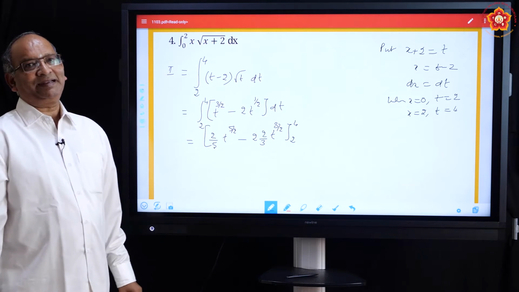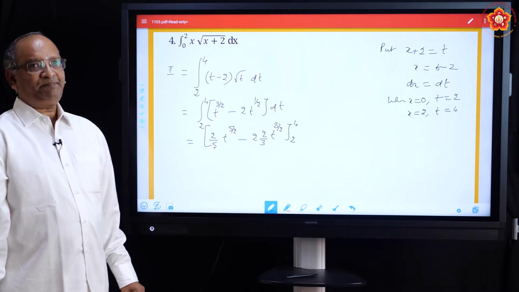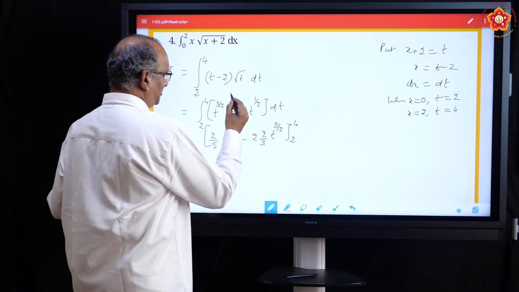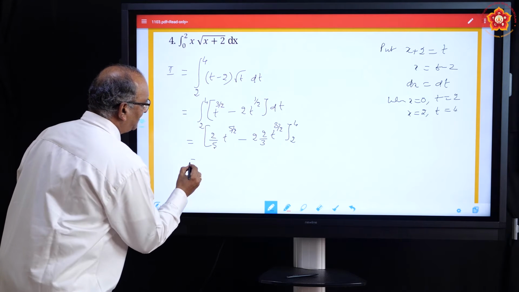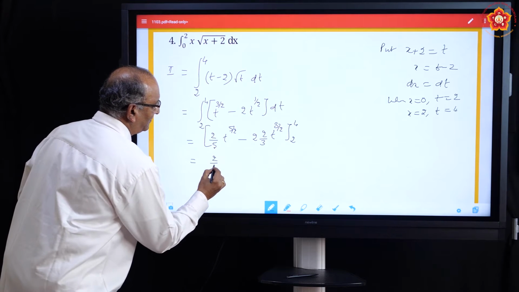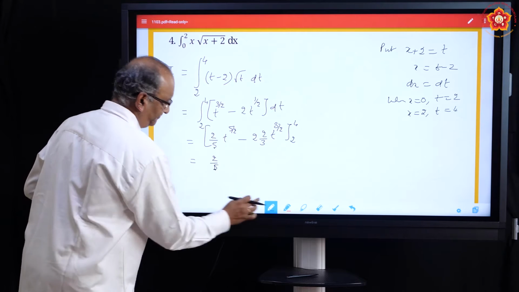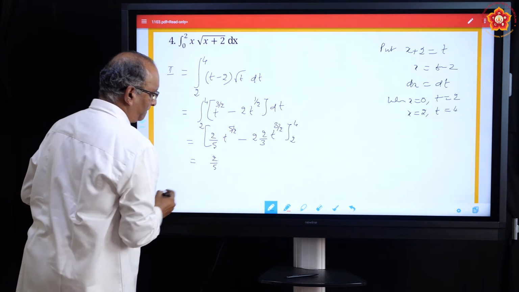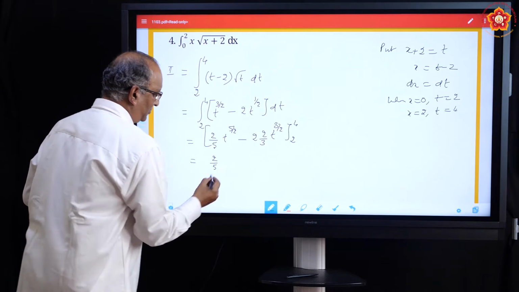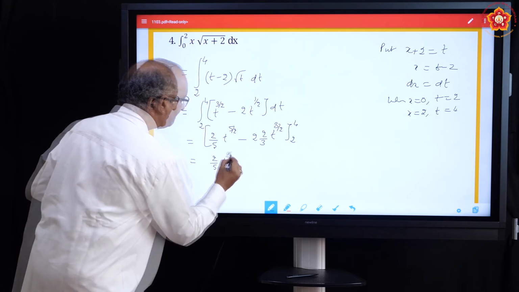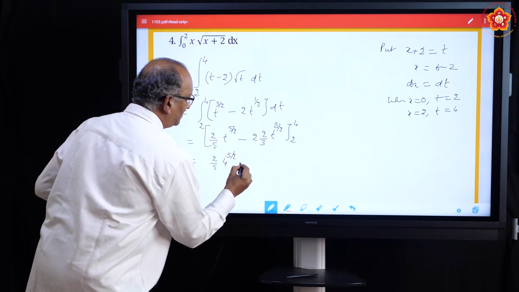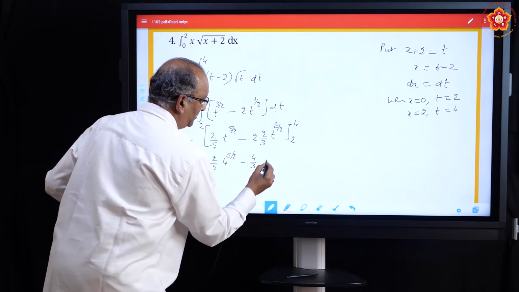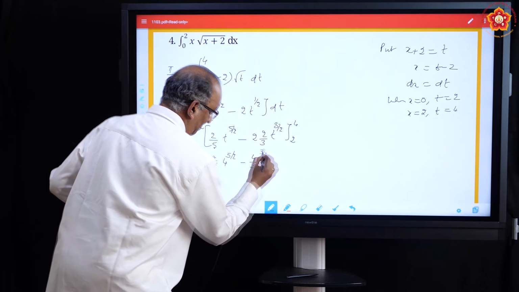We have completed integration. What is the last step? Substitute the limits. First substitute the upper limit. In place of t, substitute 4. So what do you get? 2 by 5 t. t is how much? 4. So 4 to the power 5 by 2 minus 4 by 3, 4 to the power 3 by 2.